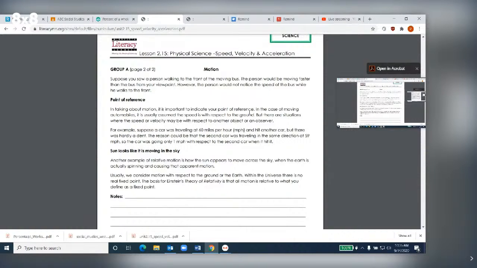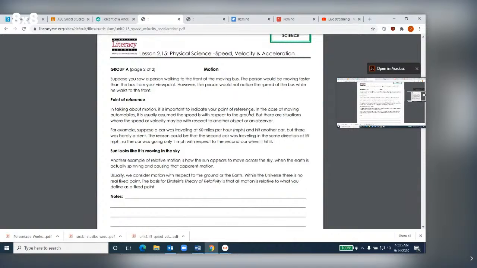That's why sometimes, if you're on 490 and there's a car right next to you, you're both going about 60 miles an hour, it really doesn't look like that car next to you is moving, even though it's going 60 miles an hour, because your point of reference is in the car and you're moving 60 miles an hour too.